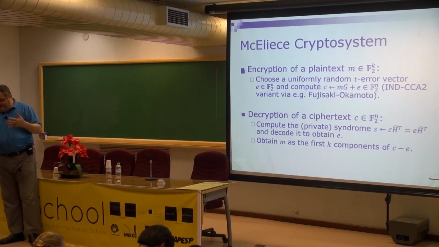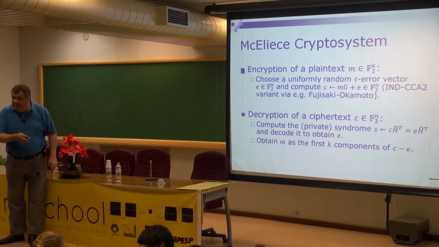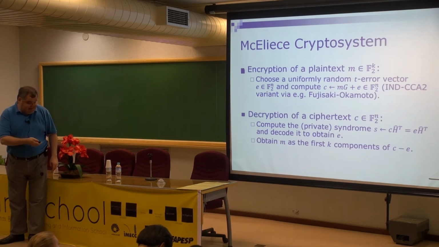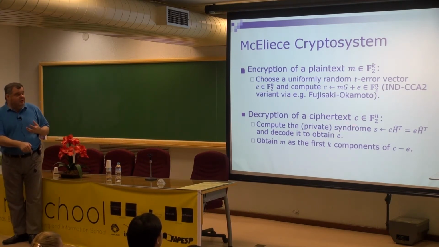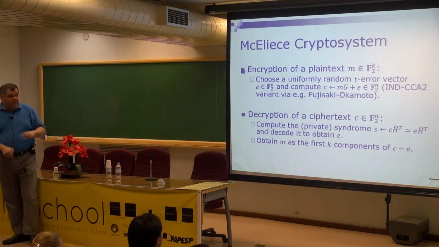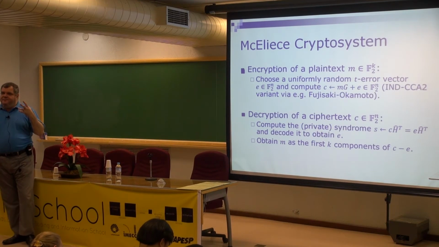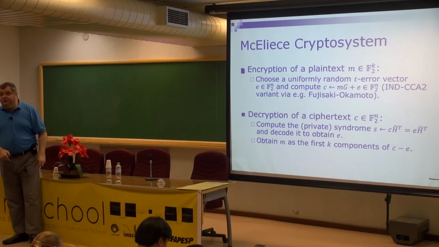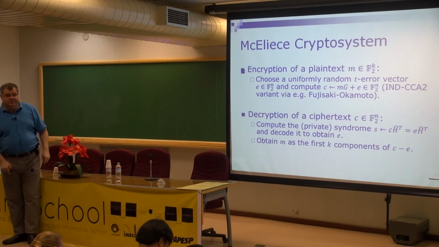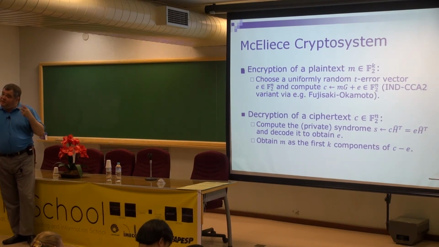But anyway, before we go there, how do we decode? Well, that's really easy. We are given a code word with errors. We compute its private syndrome. We use the private parity check matrix H hat. So S is a decodable syndrome because it corresponds to the error pattern whose Hamming weight is only T. We chose the code so that we can correct T errors.